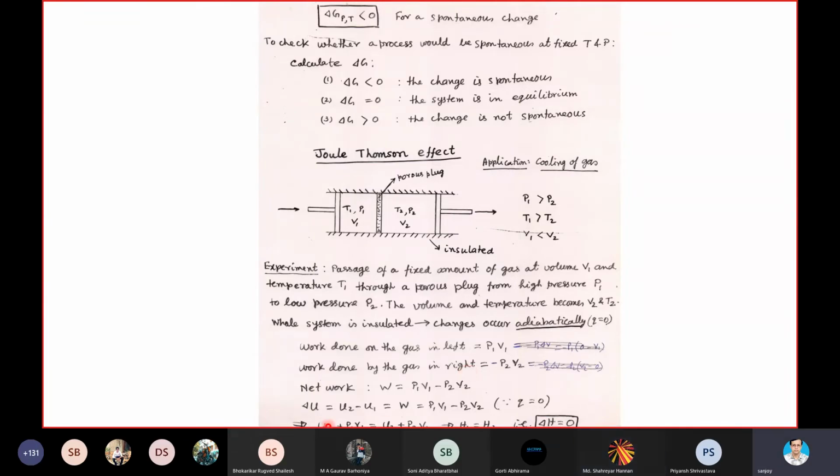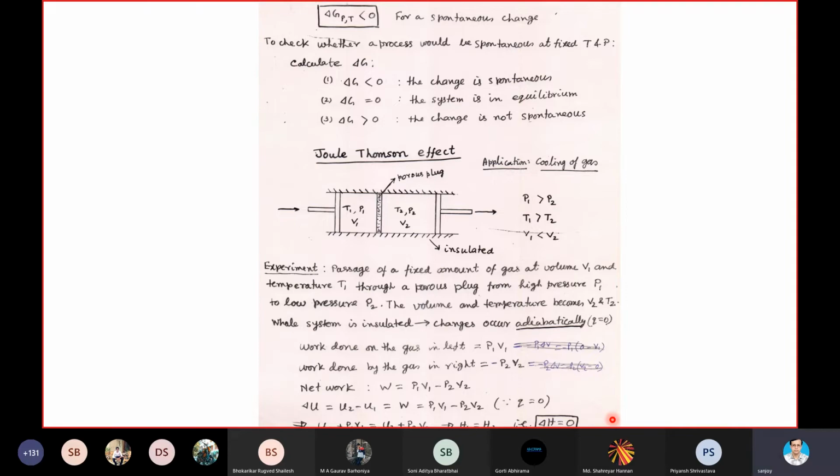Are you following? This side is U1 plus P1 V1 and that side is U2 plus P2 V2, which means this is enthalpy. Here I've written H1 equals H2. So the enthalpy on the left hand side is the same as the enthalpy on the right hand side, so delta H is equal to 0. In this entire process, there is no change in enthalpy.